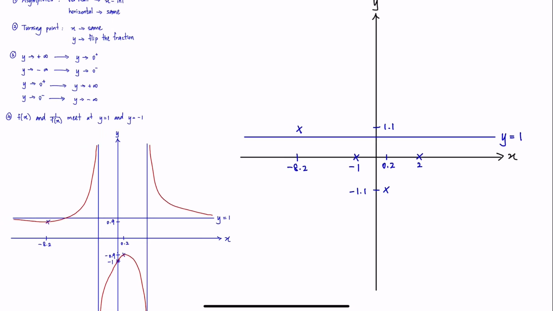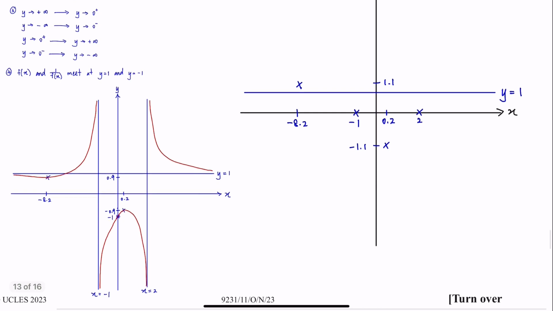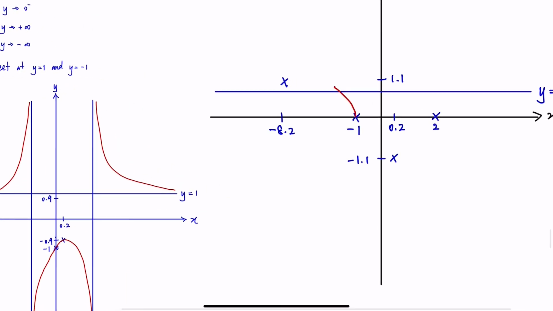So for this part, it would be going towards 0, towards y equals 0, which touches this point since it's the x-intercept.